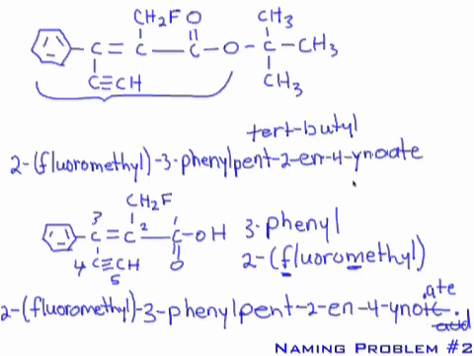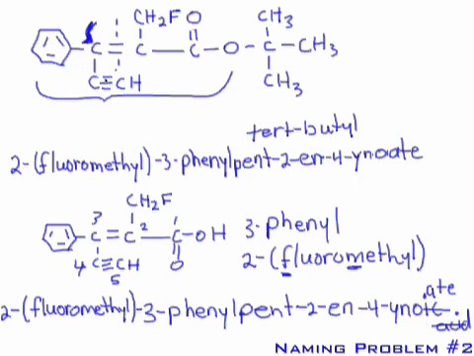I have to localize the double bond, and here's my double bond. Split it this way, and look at the carbon here and there. If I look at this carbon first, I can check the two groups.